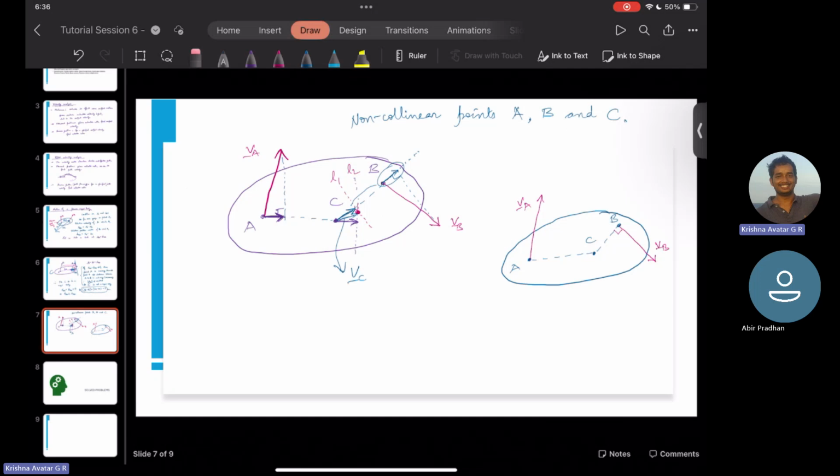Given that we have this perpendicular, it means that velocity VB has zero projection on the line connecting points C and B.